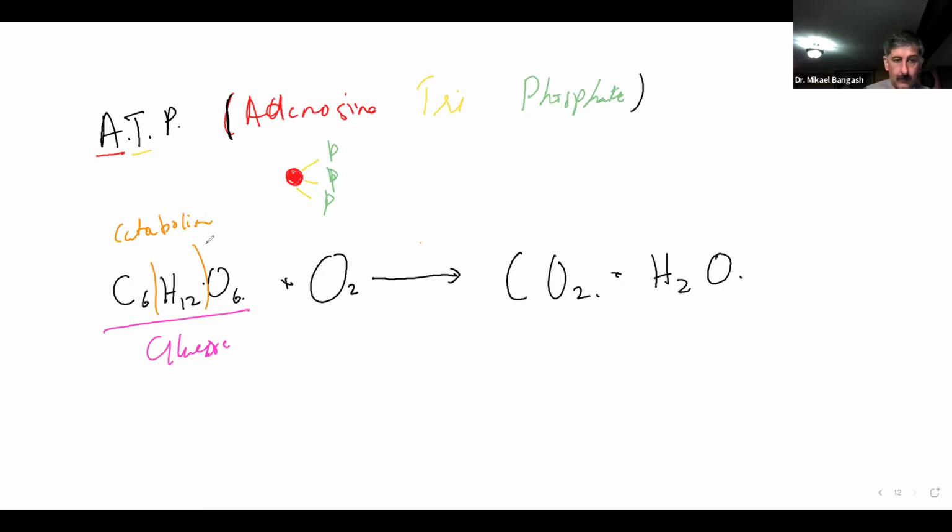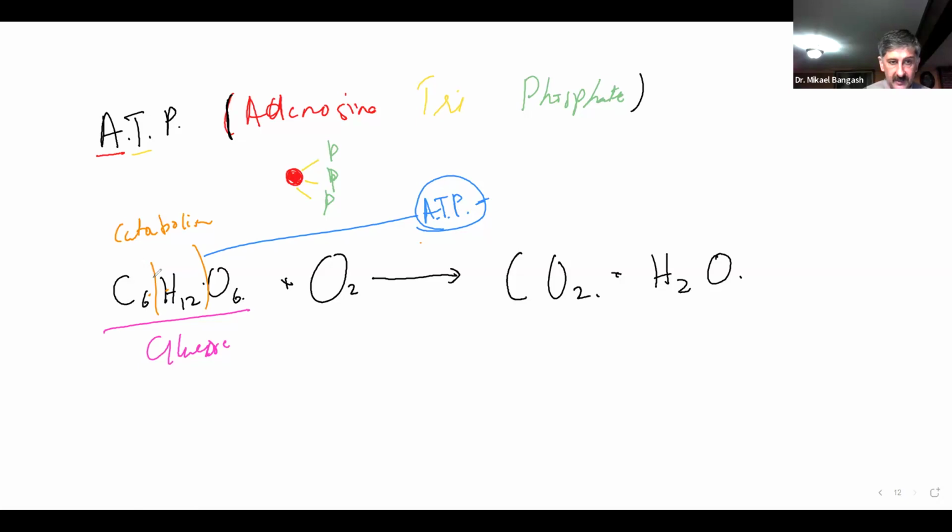The bonds between the carbons, hydrogens and oxygens are broken up. That will be catabolism. As a result of the breakdown of these bonds, to make a long story short, it's going to release an end molecule packet, which we call ATP, the packet of energy.